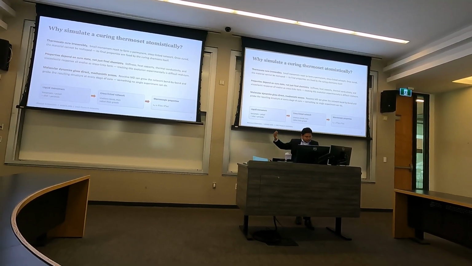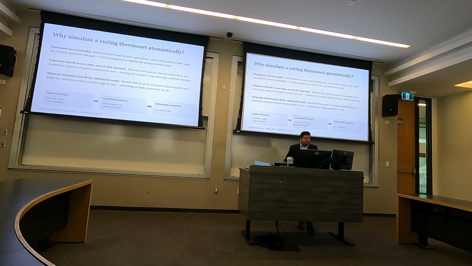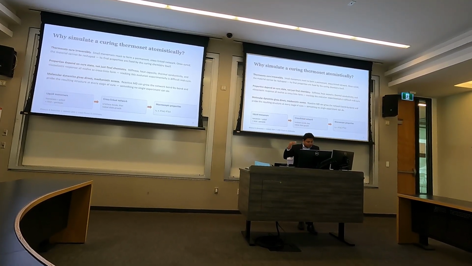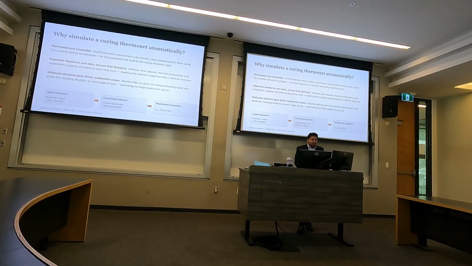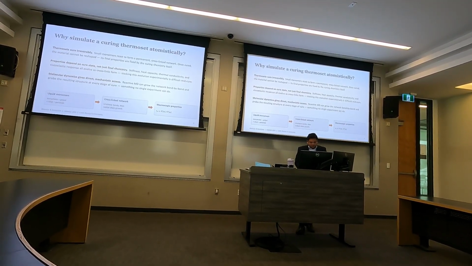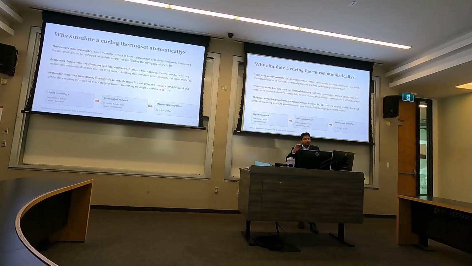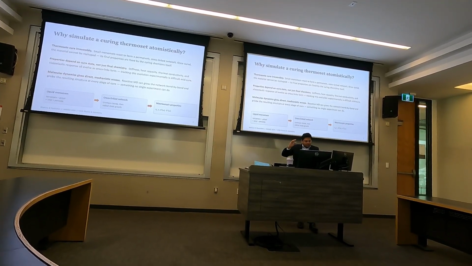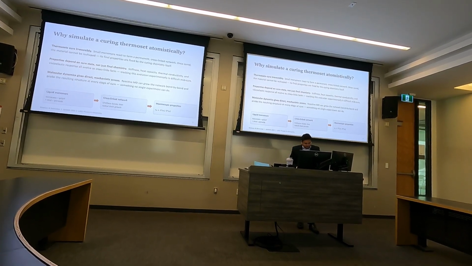As the curing proceeds, properties like stiffness and heat capacity keep building up and changing, and that depends on the degree of cure, not just the chemistry. So molecular dynamics lets us build the network bond by bond and check the properties at any stage of the curing process.